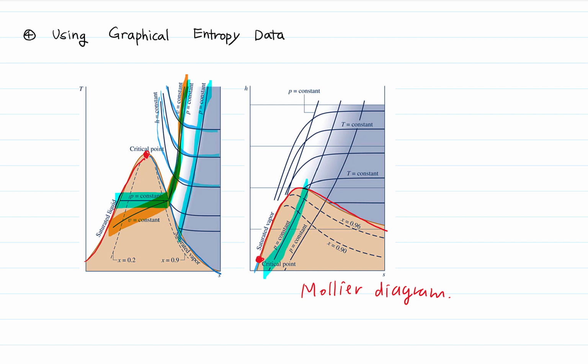And this is a constant pressure line. We have a constant temperature line. So we are not using these diagrams to retrieve thermodynamic data, but they will be useful to visualize the state.